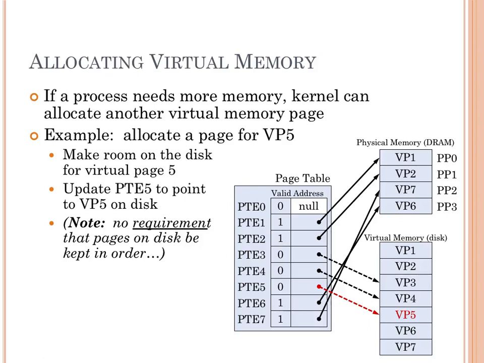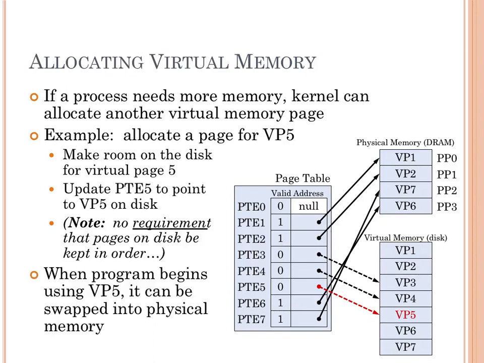But if they called malloc or mmap or something, and now they wanted to actually have page 5 available, then what the OS can do is update that page table entry to say, yes, the valid bit is still 0, but when somebody accesses it, then go ahead and pull data from here. Okay, and so you can notice that we've updated our virtual memory on disk that, okay, now there's a virtual page 5 loaded from somewhere, but it's still not in memory.